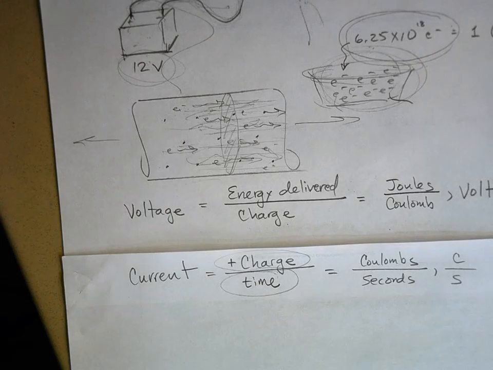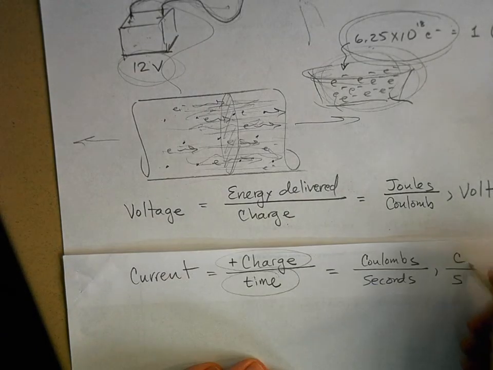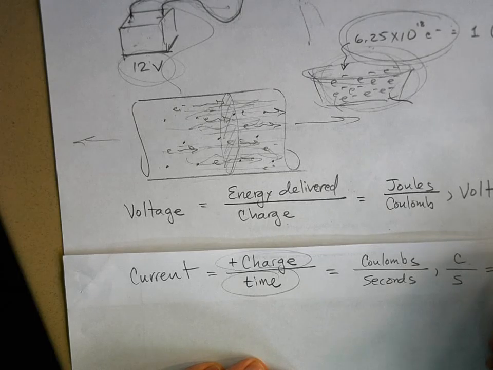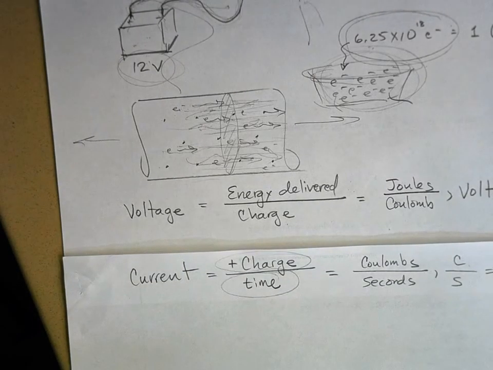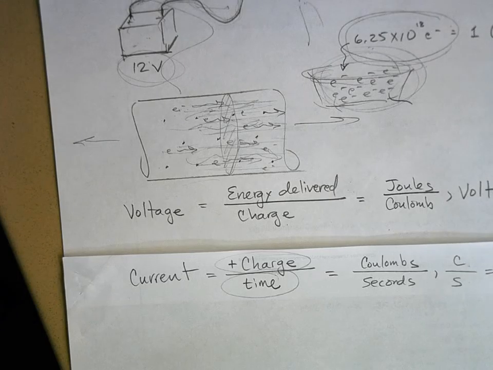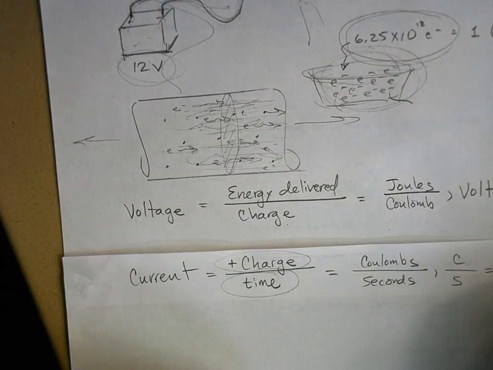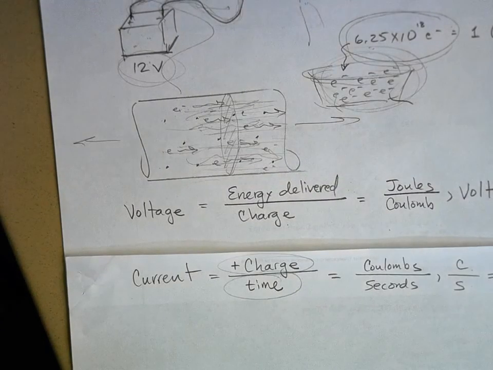What is current measured in? What? No, not power. Amps. You've heard of amps? A coulomb per second is called an amp. Actually, technically, it's an ampere, but everybody shortens it to amp. And so we use the letter A to abbreviate an amp.